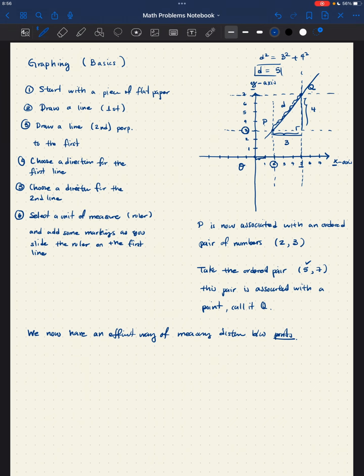All because we took the time to construct what we call this coordinate plane, this Cartesian plane, that has these characteristics. We have two perpendicular lines with predefined directions for each of them. Where would you place labels associated with the unit of measure? Now, this is just the basics.